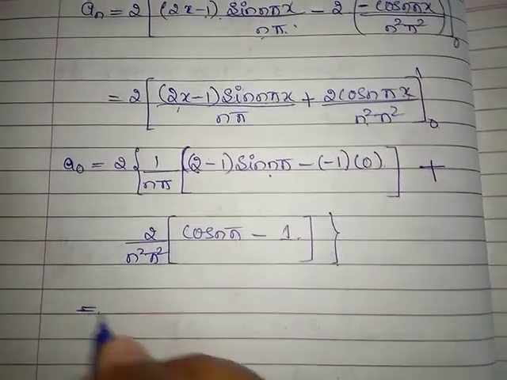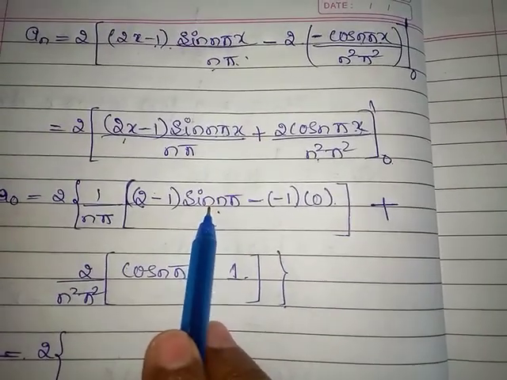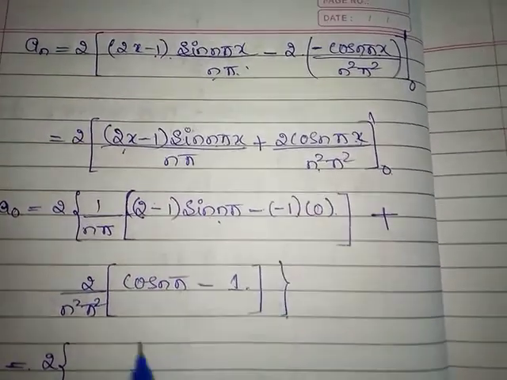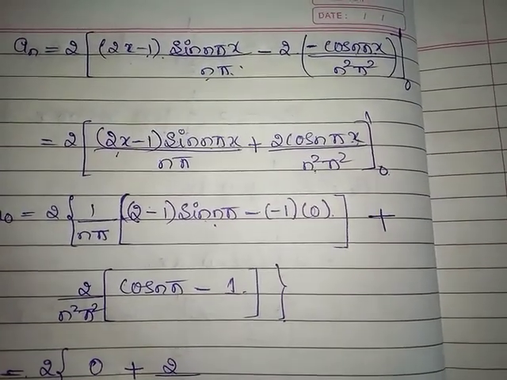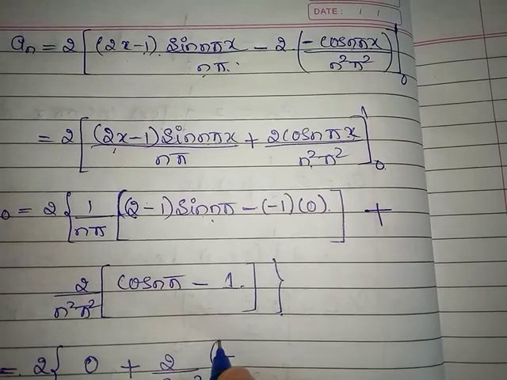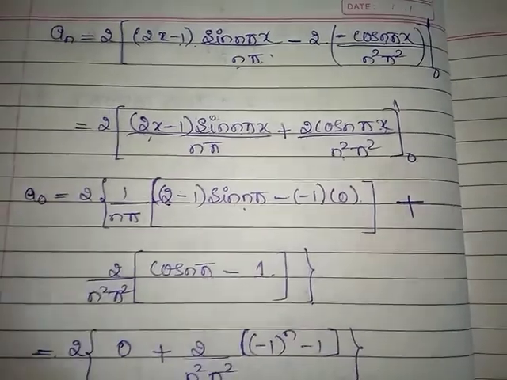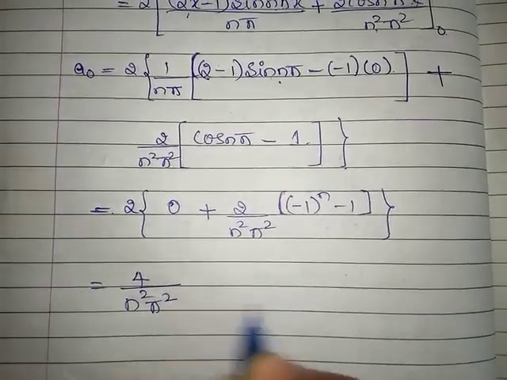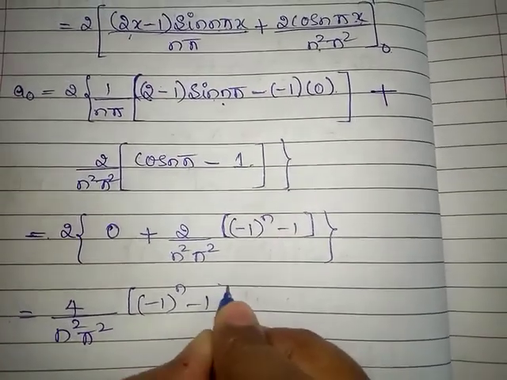Now which is equal to 2 into sin pi value is 0, means 0 into something is 0, therefore first term is 0, plus 2 divided by n square pi square, cos n pi value is minus 1 raised to n, minus 1, which is equal to 4 divided by n square pi square into minus 1 raised to n minus 1.